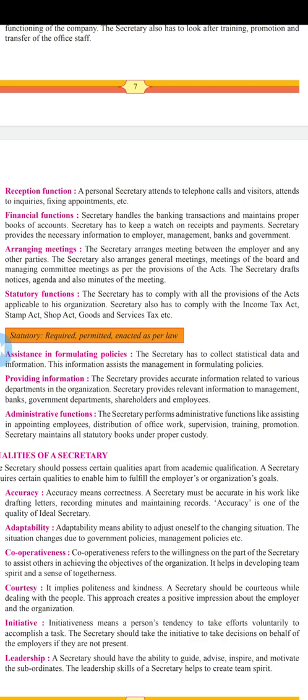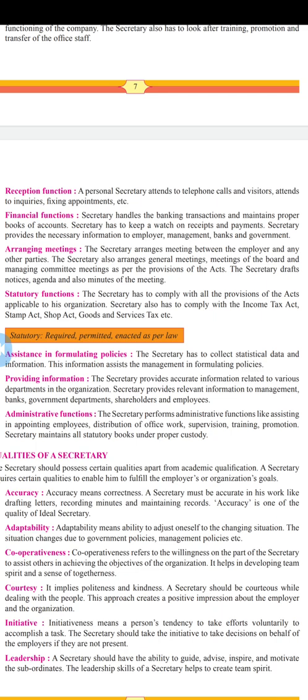All these responsibilities are taken by the secretary. That means from the arrangement to keeping the record of these meetings, all these duties are performed by the secretary.